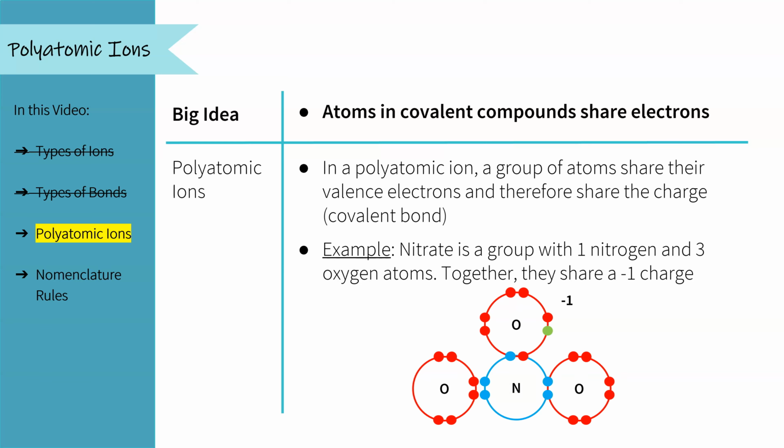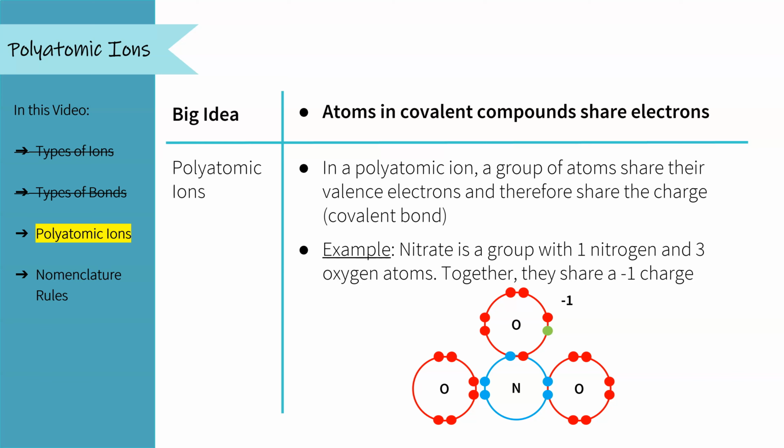Here is the structure of nitrate. We know that each of these atoms would like to have 8 valence electrons. For the 2 oxygens, the one in the middle and the one on the right-hand side, we can clearly see 8 electrons in those rings. Some are shared from nitrogen, those are the blue electrons, and 1 has been stolen, that's our -1 charge.